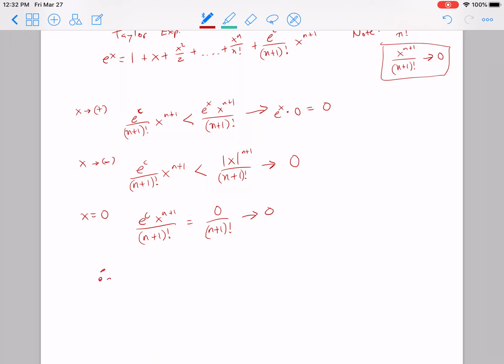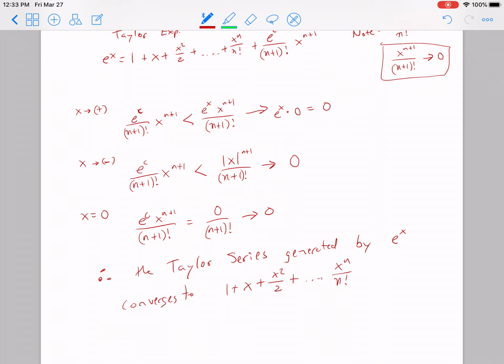Therefore, the Taylor series generated by e to the x converges to 1 plus x plus x squared over 2 plus ... plus x to the n over n factorial, everywhere on negative infinity to positive infinity.